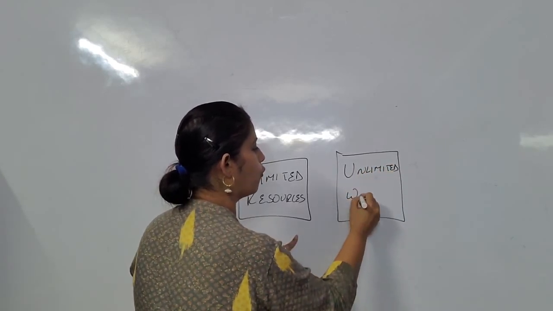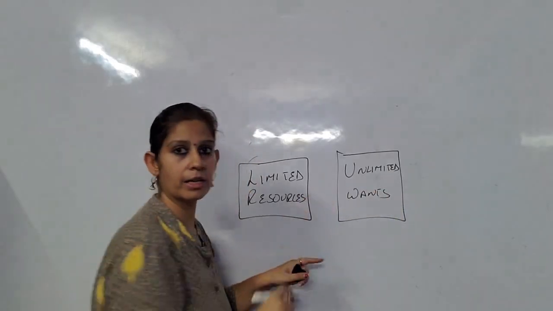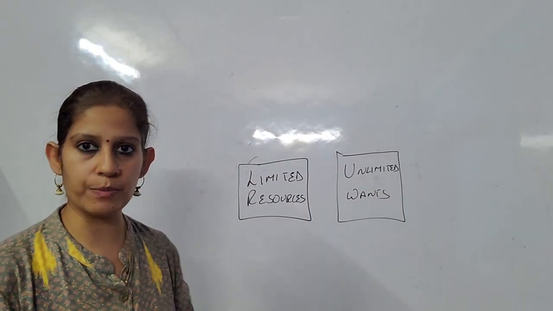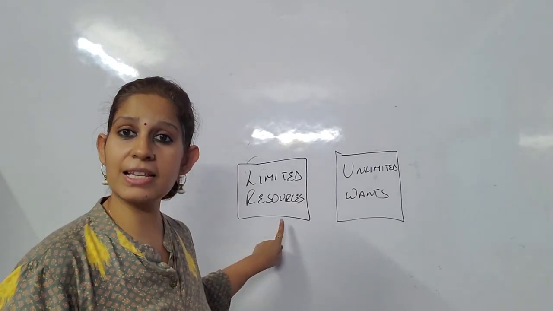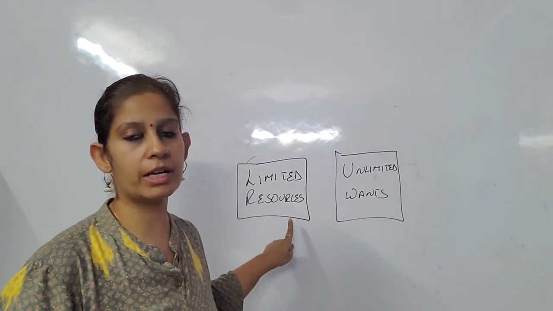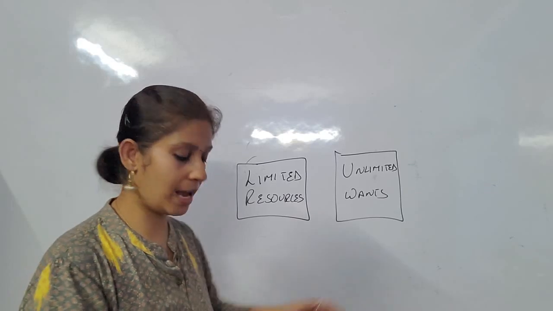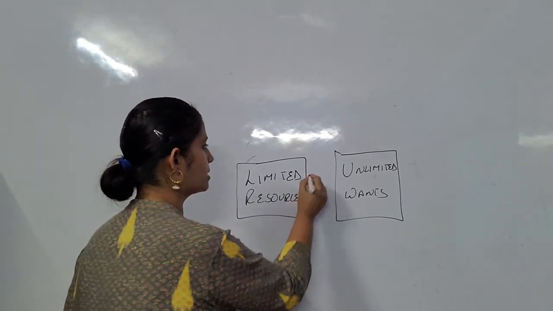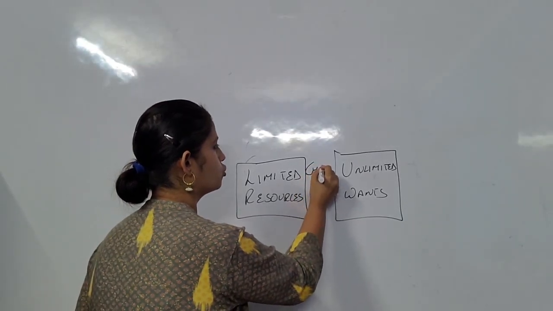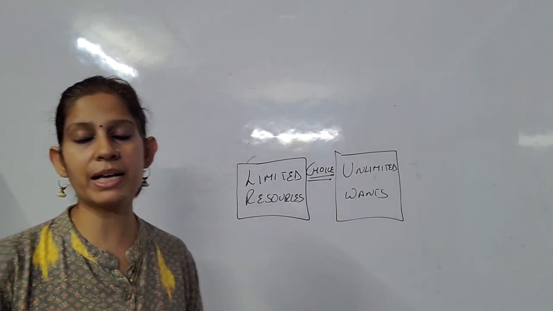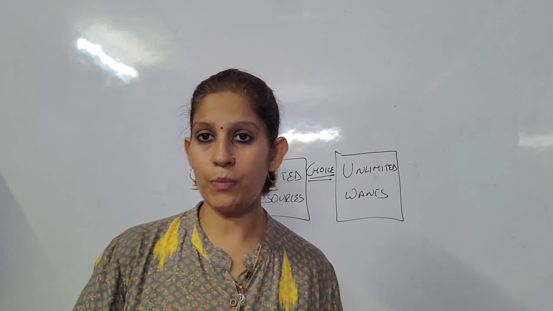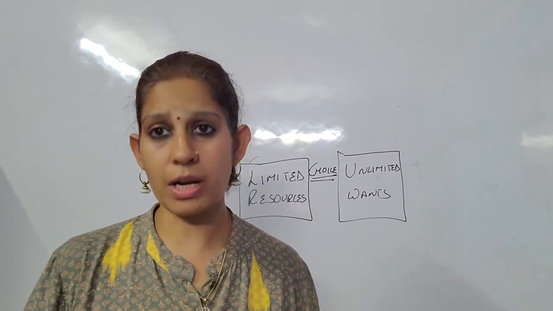So I have written two problems: limited resources and unlimited wants. And these limited resources have alternative uses. So in between them, we have to make a choice. This choice making is the biggest economic problem. So this is what economics is.